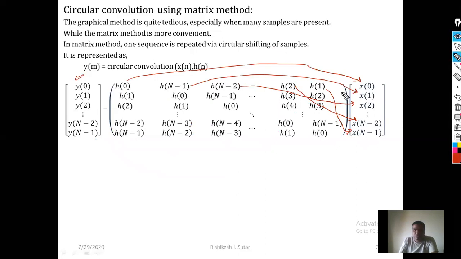If I multiply and add, I get h of 0 into x of 0 plus h of n minus 1 into x of 1 plus h of n minus 2 into x of 2, and so on, up to h of 1 into x of n minus 1. Whatever I get is the value for y of 0.